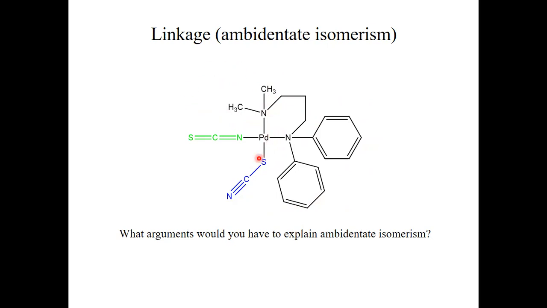So when the thiocyanato ligand binds with the sulfur, it can actually bend away from that bulky group because it has two electron lone pairs here at the sulfur, which are sterically active. Whereas this is not the case when the cyanate uses the nitrogen. Okay? And so it utilizes the nitrogen when it can, okay?